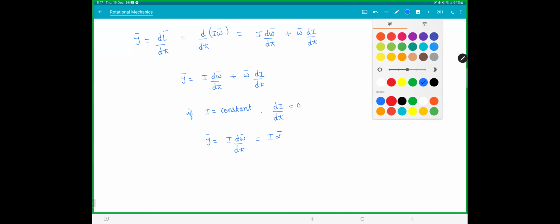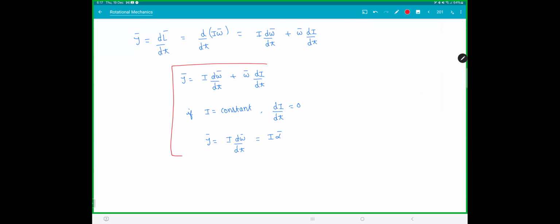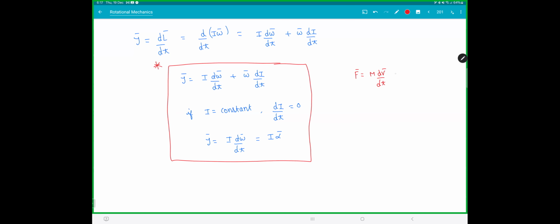Same way, torque is equal to I alpha is valid when I is constant. Now, most of the cases I doesn't change, so we have never had a problem. We will see later on, I can change. So this formula which we are writing, torque is equal to I alpha, if you see, actually kind of looks like m dv by dt plus v dm by dt. Similar one.